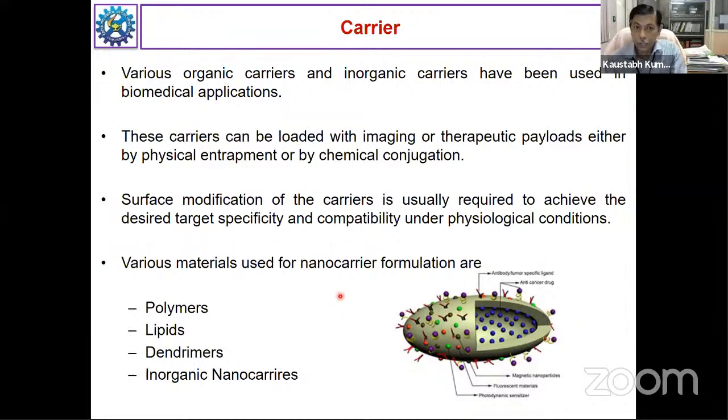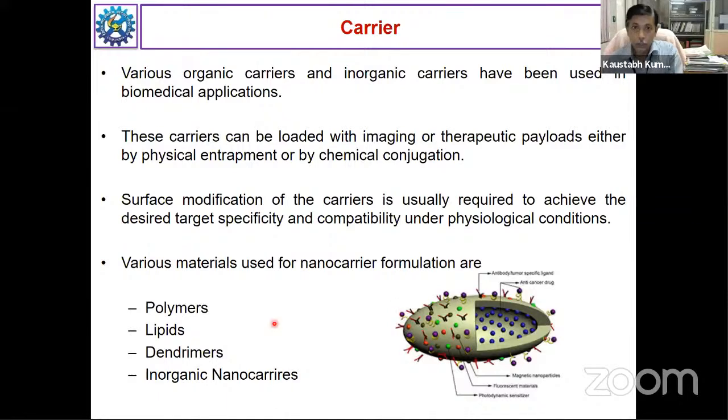Now coming to the carrier. As I said, the carrier is nothing but a nanoparticle. It is a vehicle that can ferry the cargo molecules towards the target site. There are many kinds of carriers you can imagine or construct, which may be biocompatible polymers, lipids, dendrons, or any kind of inorganic construct molecules.